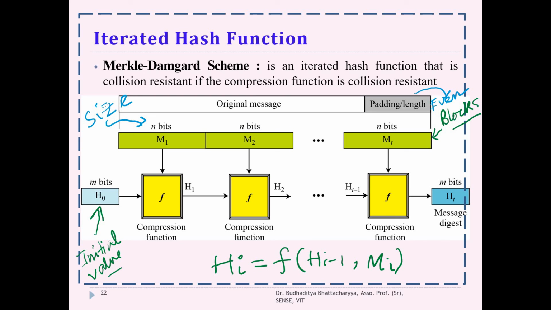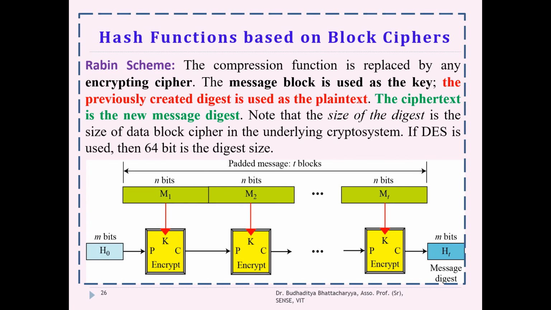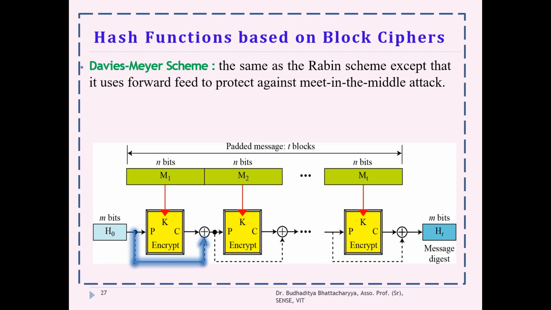That block will be considered either as plain text or as a key, and a ciphertext will be generated with the help of an initial H0, which is the initial hash value, the first value on the left-hand side.